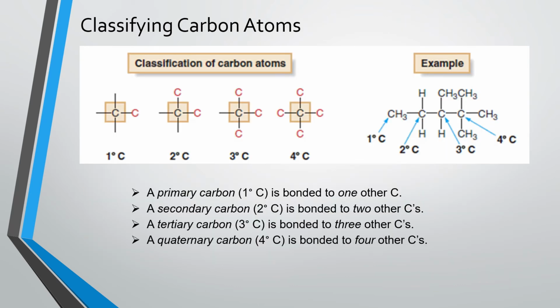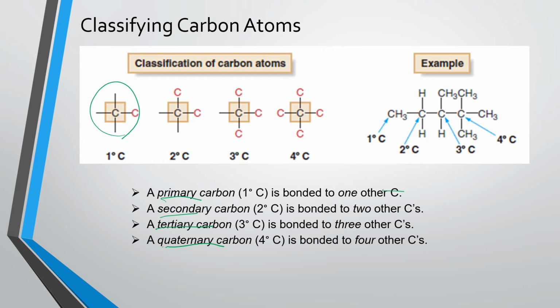Our carbon atoms can be classified also as primary, secondary, tertiary, or quaternary. A carbon atom can be classified as primary if it's bonded to only one carbon atom. Ganito siya.